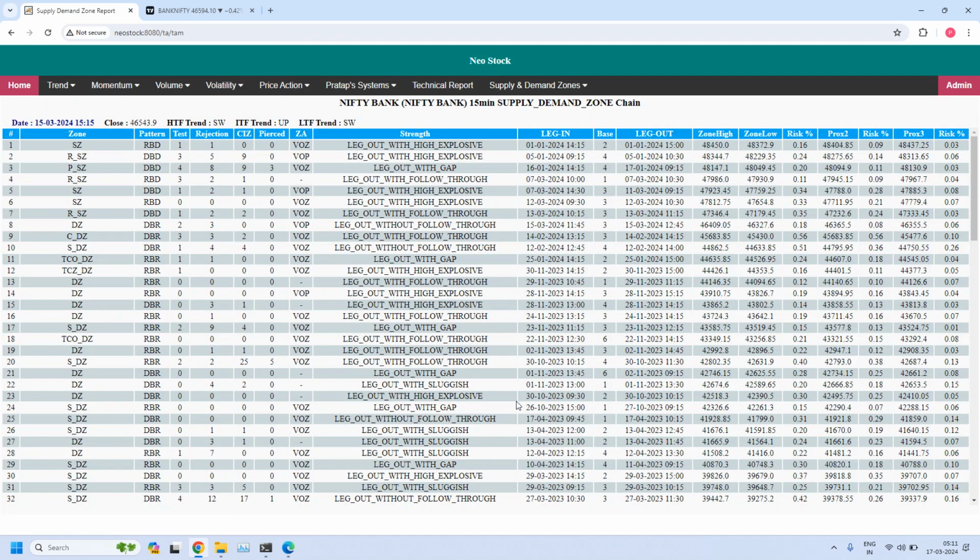It's taking time. Okay. So let's start with the demand zones. The immediately available high liquidity demand zones are at 9 and 10. The 9th one has already supported 3 times, tested. The 10th one has already been tested once, but with 4 rejections from this zone.